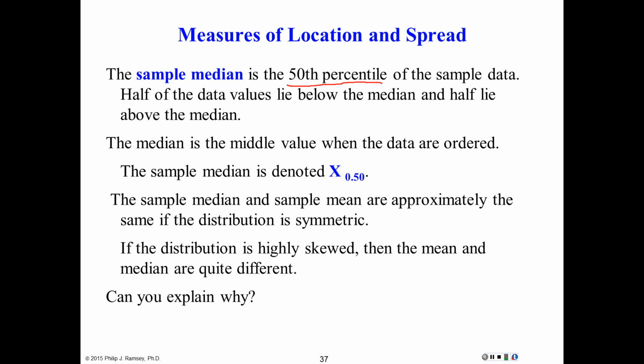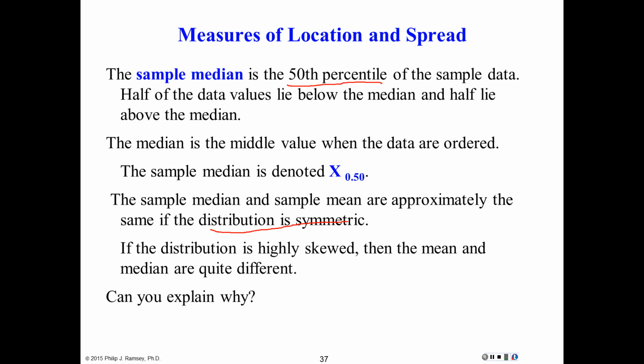That means, unlike the mean, the median is always centered in the distribution, so half the observations are less than the median, half are greater. Okay. So if a distribution is symmetric, then the sample mean and the sample median are about the same. If the distribution has a long right tail or left tail, then typically they're very different.